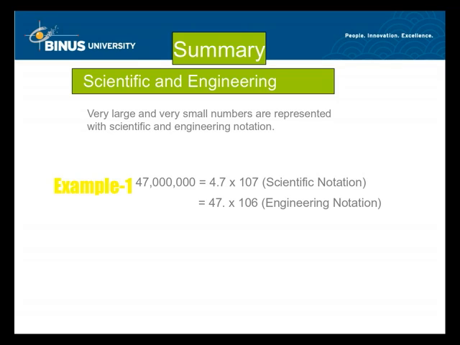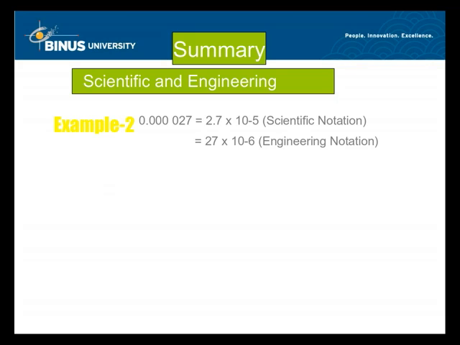While in scientific notation, we have a standard that says that the base number starts with 1 digit before the decimal and more numbers after the decimal. Here's another example to clarify how you write 0.000027.